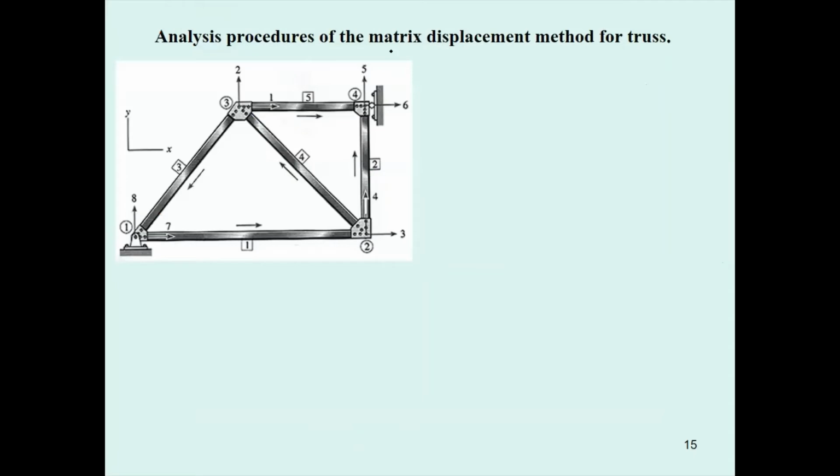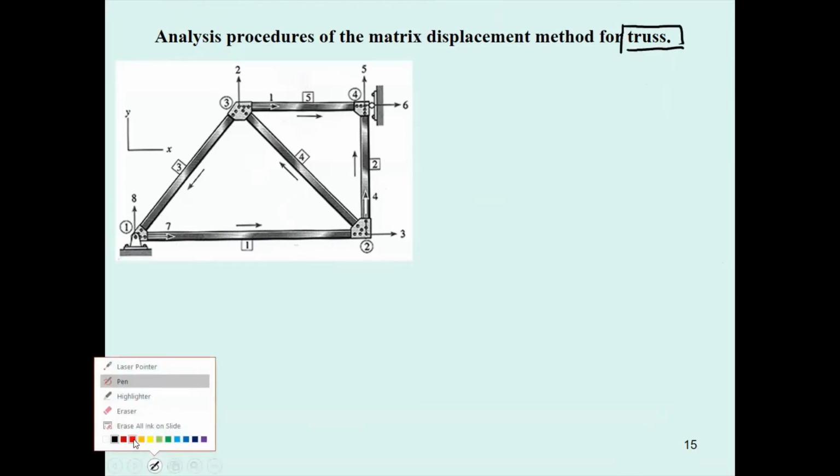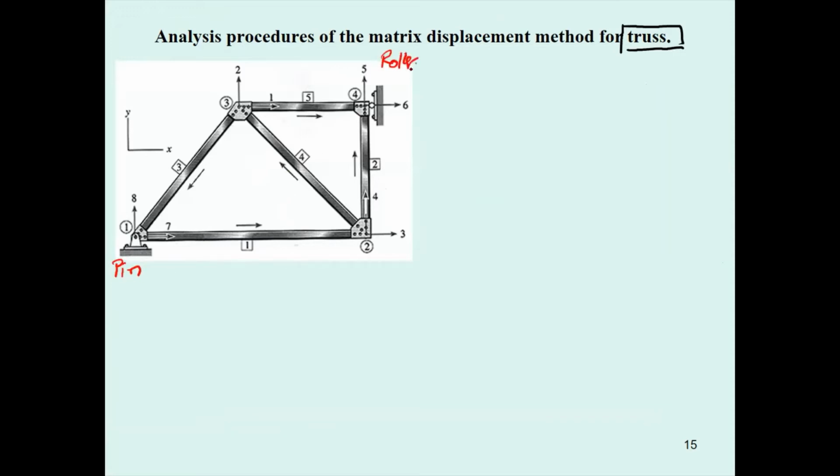So the whole thing is, we are going to review what I have lectured to you for the previous 60 minutes. We come to a simple task. Why do I call this a simple task? Because this structure has a pin support here and a roller support here.